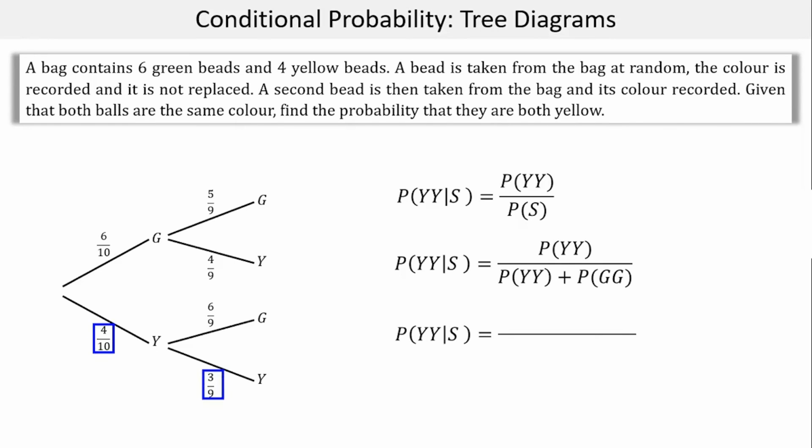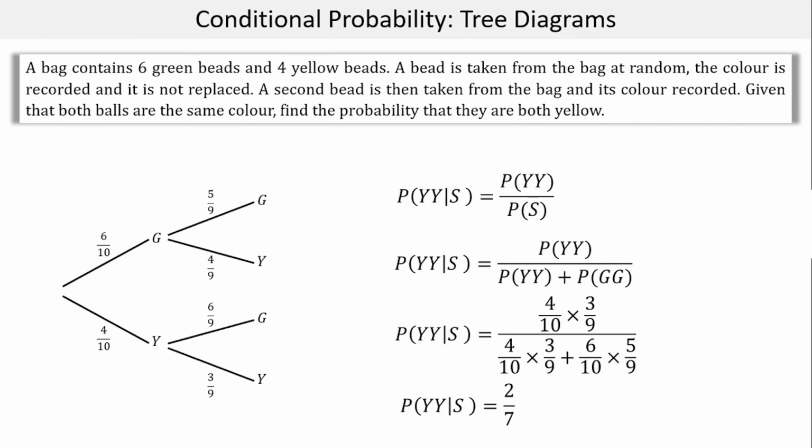And for green green, these branches, 6 over 10 times 5 over 9. This is the calculation in the denominator. In the numerator, I've already decided I just want yellow yellow, so it's going to be this calculation in the numerator. These can obviously be simplified, or you can type it all into your calculator in one go, and we end up with 2 over 7.